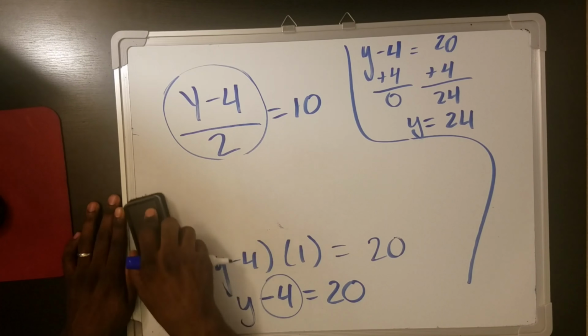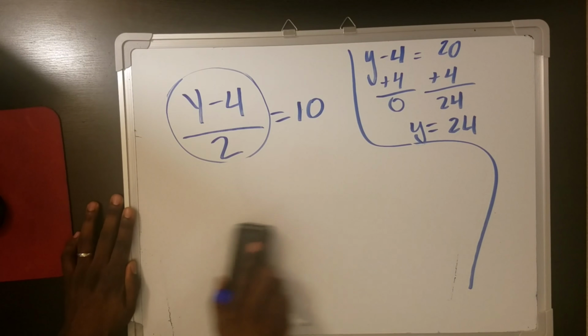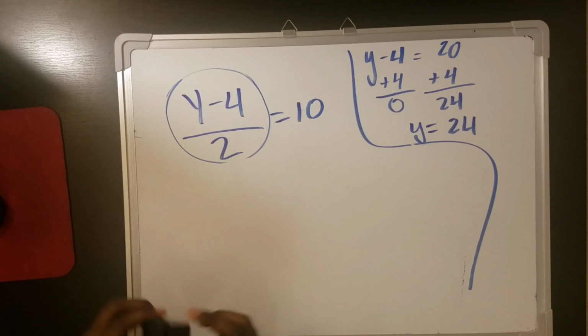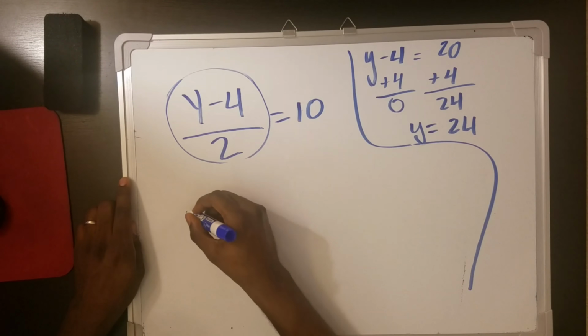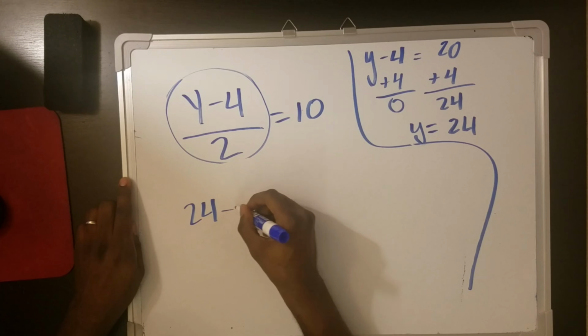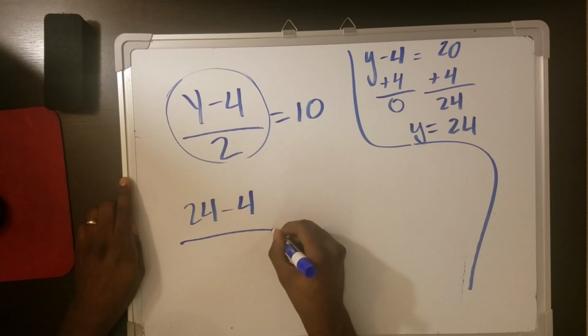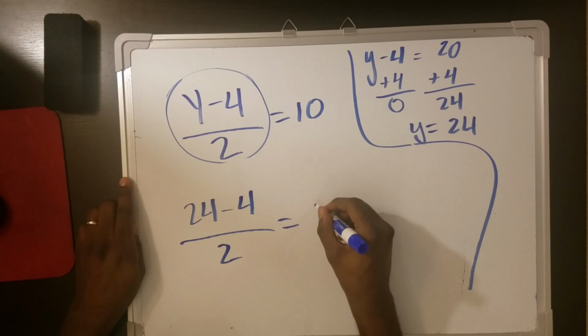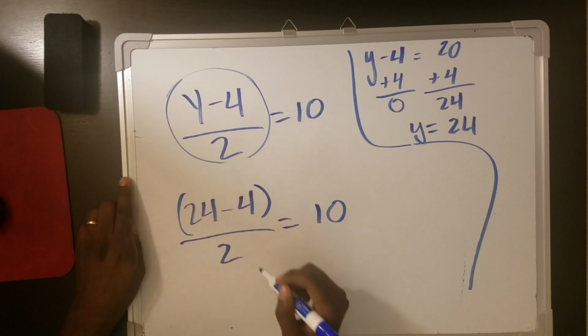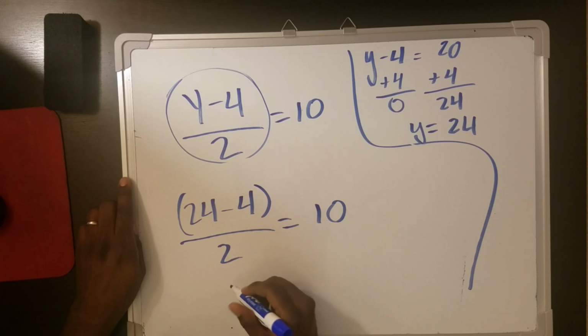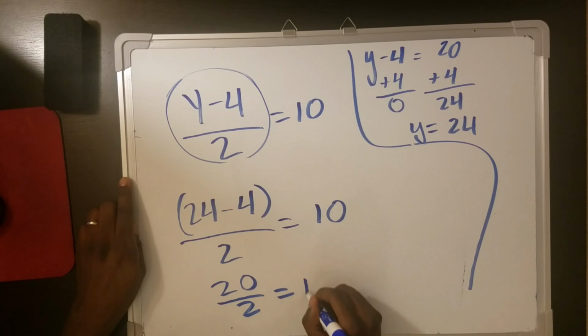Let us check our answer. We got a little time, so let's check our answer. If y equals 24, then we plug 24 into here. 24 minus 4 all over 2 equals 10. So we do this first. 24 minus 4 gives us 20 over 2 equals 10.